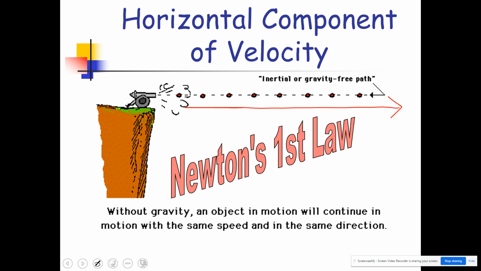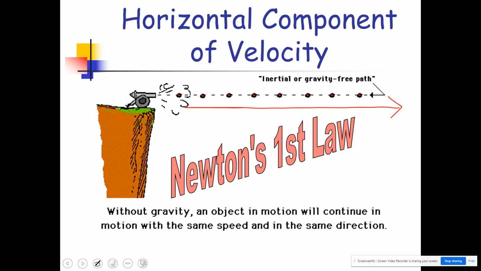So if we only had the horizontal component and that cannonball was shot, then it would keep going forever and ever at the same exact speed if there were no other forces acting on it. That's Newton's first law.